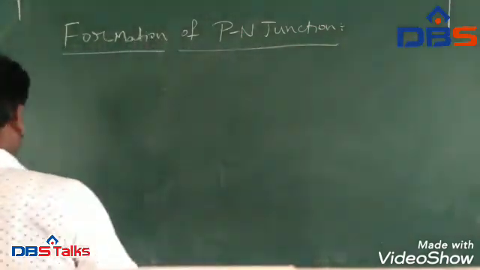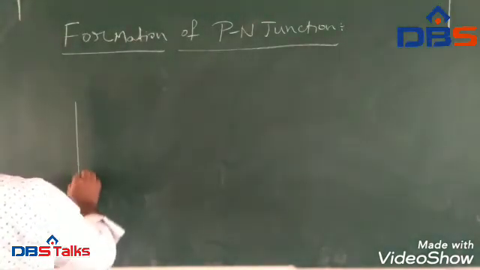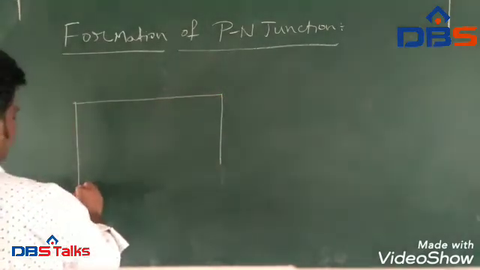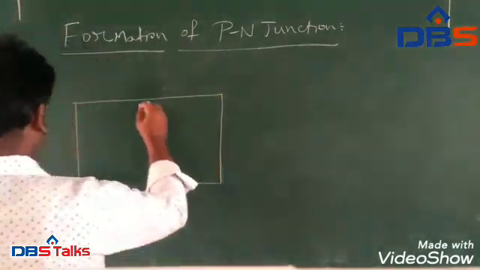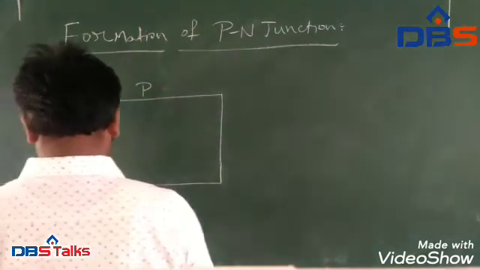This PN junction consists of P-type, so this is a P-type semiconductor.